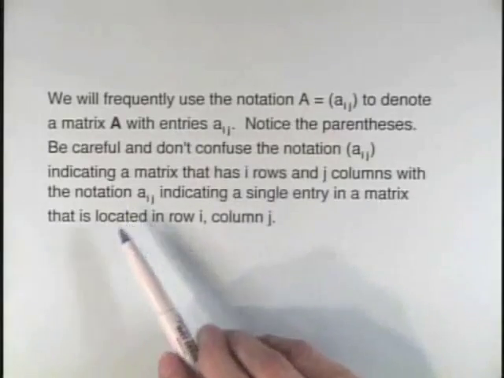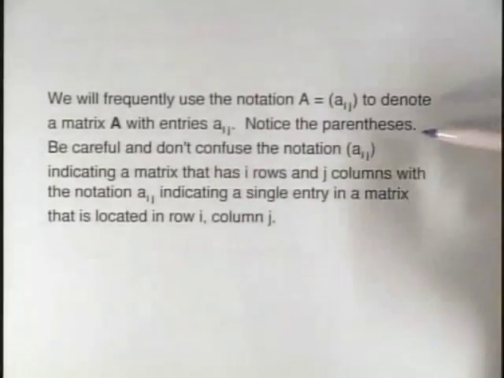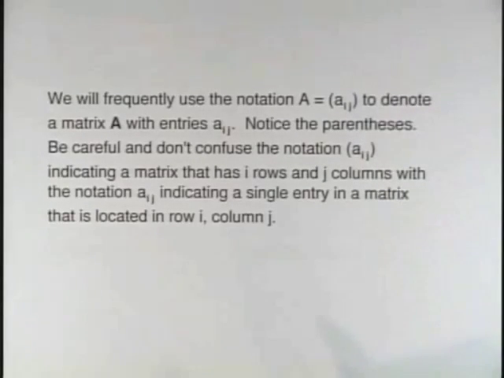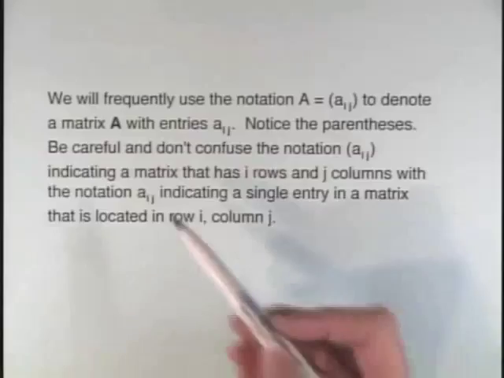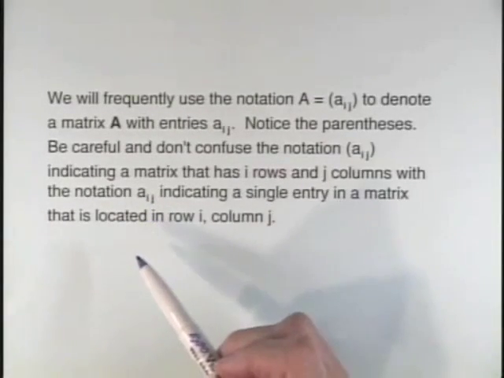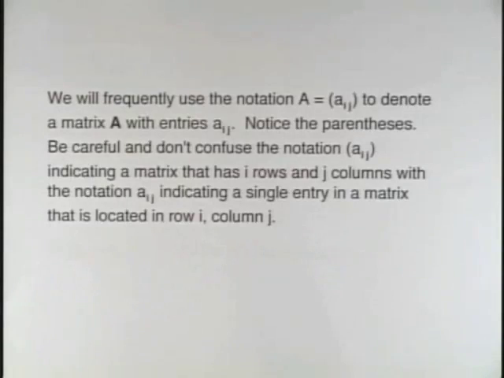Be careful and don't confuse the notation parenthesis A sub ij, indicating a matrix that has i rows and j columns, with the notation lowercase a sub ij with no parentheses, indicating a single entry in matrix A that is located in row i, column j. The following examples illustrate this notation.